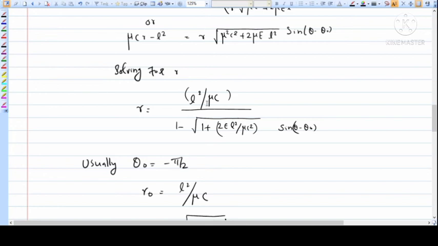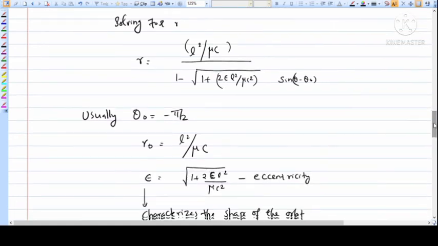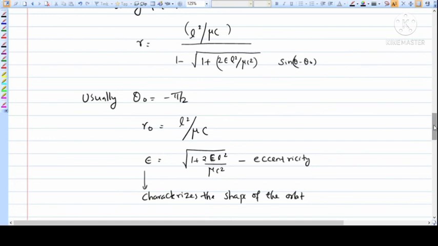When you substitute u effective and rearrange this term, and I just write the result of this integration.